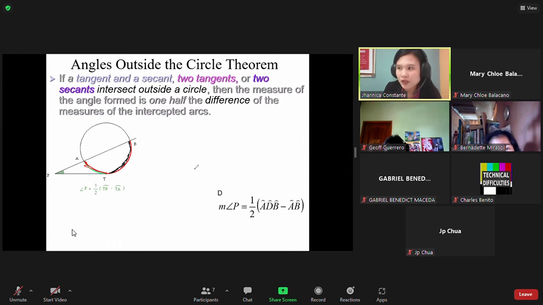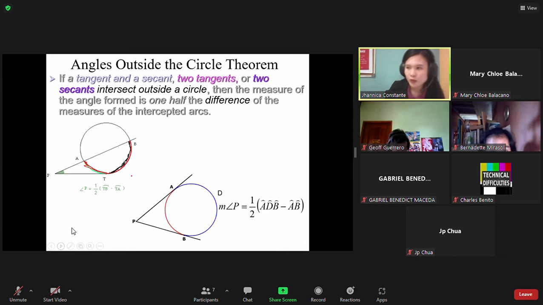But if the given is the measurement of the arc ADB, so for example, this one, the intercepted arc is arc AB and arc ADB.